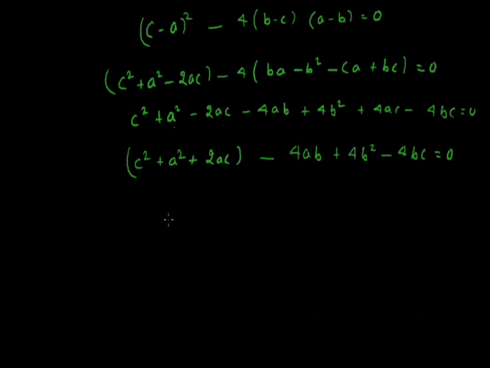So we can write (c plus a) whole square plus 4b square can be written as (2b) whole square, and here minus 4b is common, so it will become (a plus c) equal to 0.